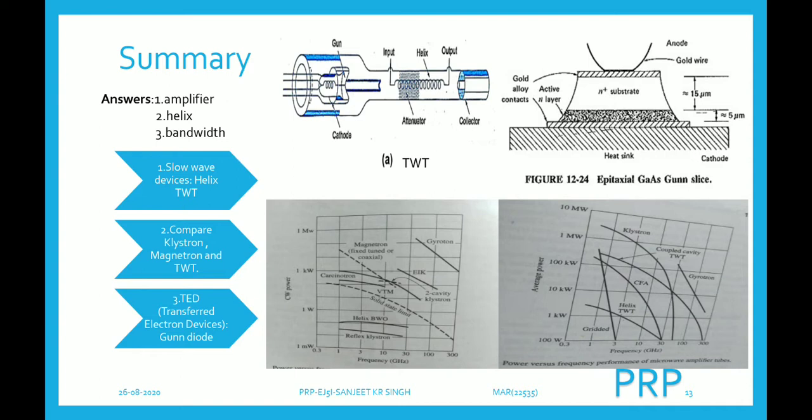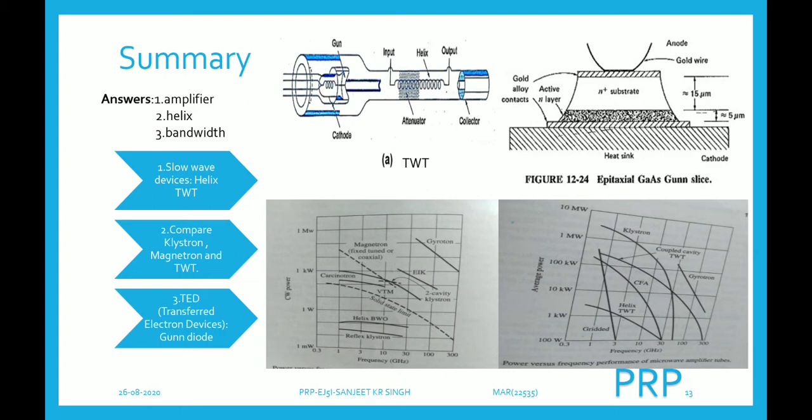And thirdly, the TWT is wide band, which is a major advantage of the TWT. Then we saw the comparison of the TWT with the klystron. We saw the comparison of frequency versus power for different types of microwave amplifier tubes and oscillators.